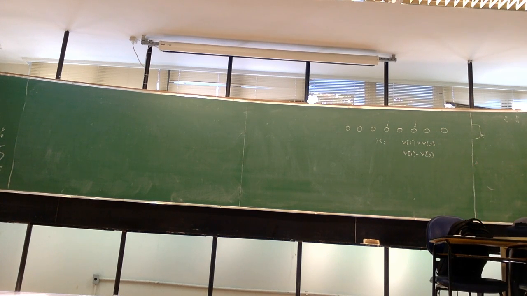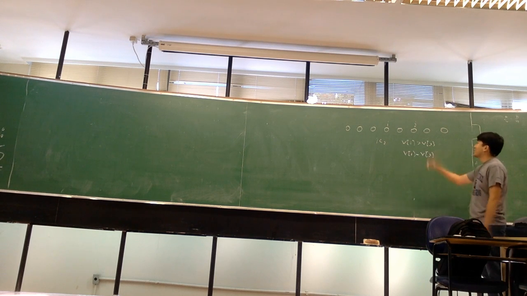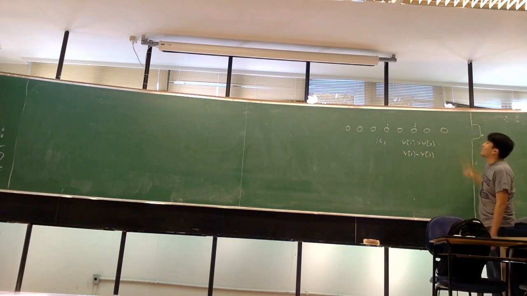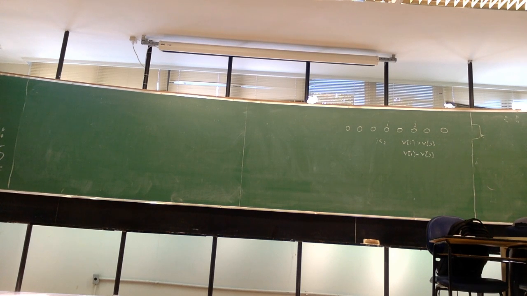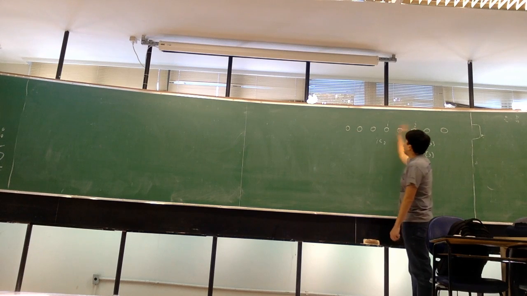Okay, and there are many ways to solve this problem. You could use some fancy data structure, but I guess one of the simplest solutions would be just to iterate through these elements from left to right.